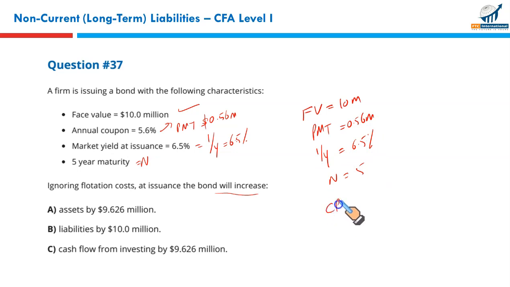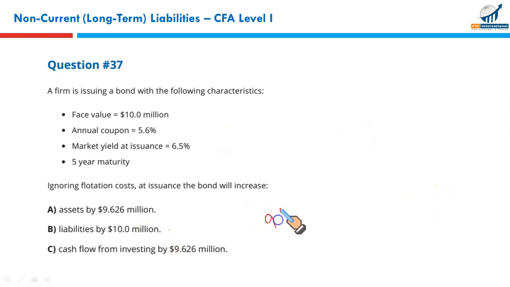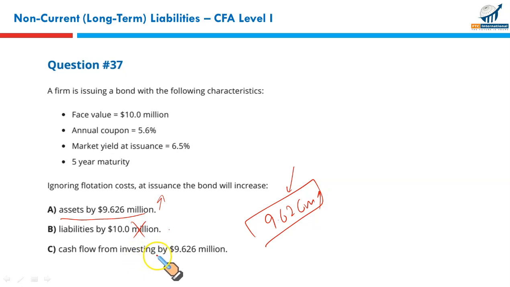We just need to calculate the present value, and when you enter all these, what you get is 9.625988 million, which is 9.626 million. Now you will receive this much cash, so your assets will increase, liabilities will increase by this amount, not 10 million, and it's cash flow from financing activities. So A is the correct option.